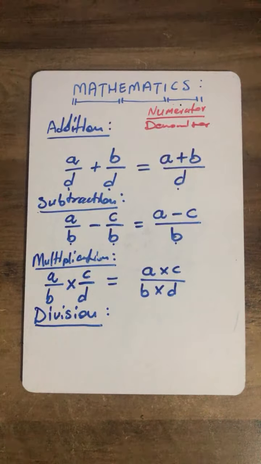Meaning, you still have that same fraction of A over B that you need to multiply by. What you do is to take this to the top and then that to the bottom. Meaning, you are having D, which you divide by C.